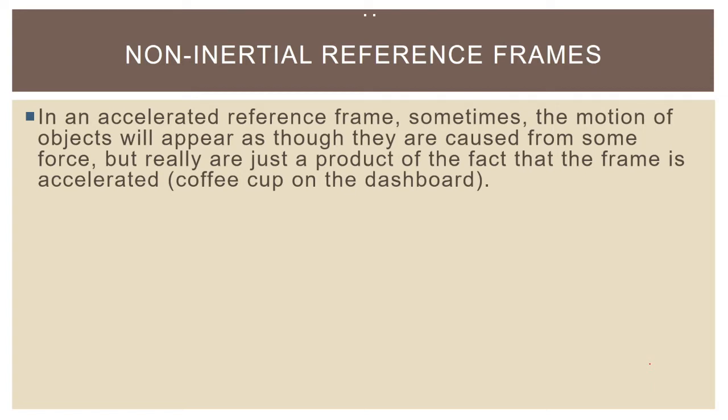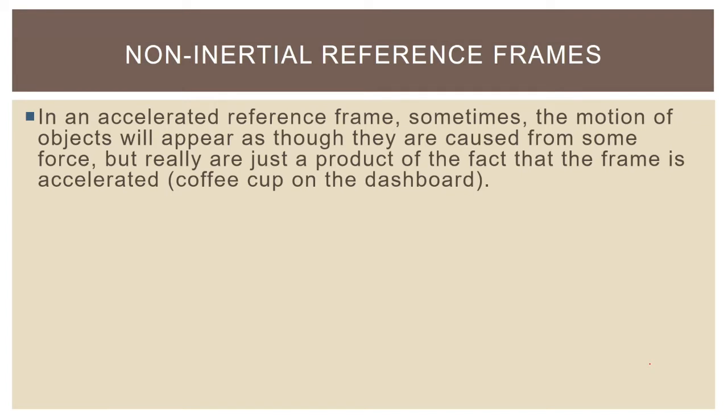But really, they are just a product of the fact that the frame is accelerated. And a good example of this is the coffee cup on the dashboard, or the sliding backpacks in the school bus in the problem we saw yesterday, or the kid in the wagon, or the person on a train.